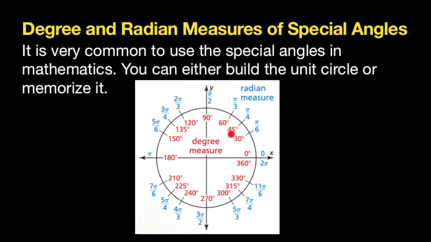The locations of the 6 are always 30 degrees away from the x-axis on both ends. You're going to see that the division over 4 is always going to be in the middle section because you're 45 degrees away from the axis, or from either axis. So those patterns can help you build a circle whenever you need to.